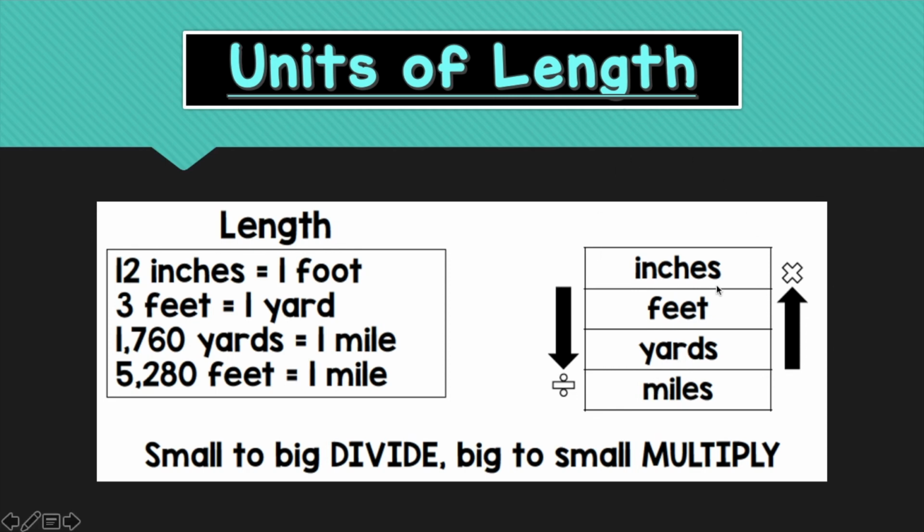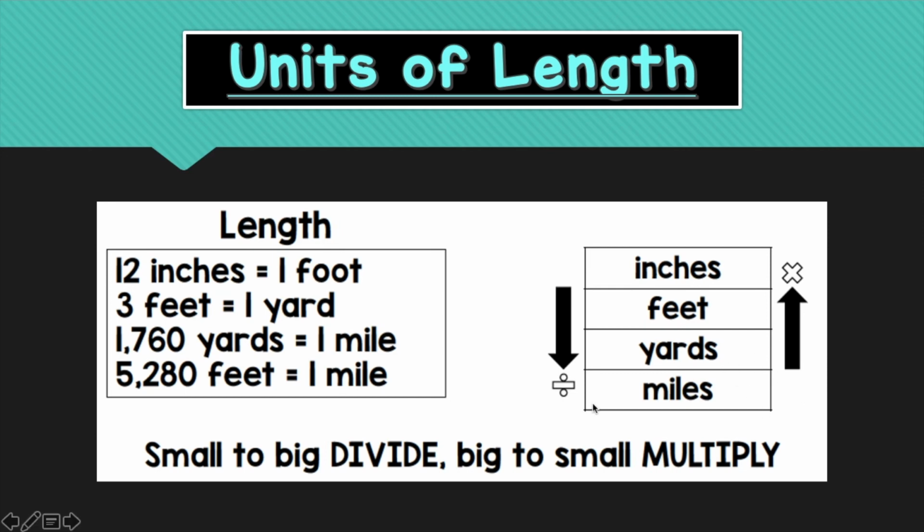So if we are going from a smaller unit of measure to a larger unit of measure, we are going to divide. So for example, if I was going from inches to feet, I would divide the number of inches by how many inches there are in a foot, which is 12 inches. Let's say I'm going from a bigger unit of measure to a smaller unit of measure.